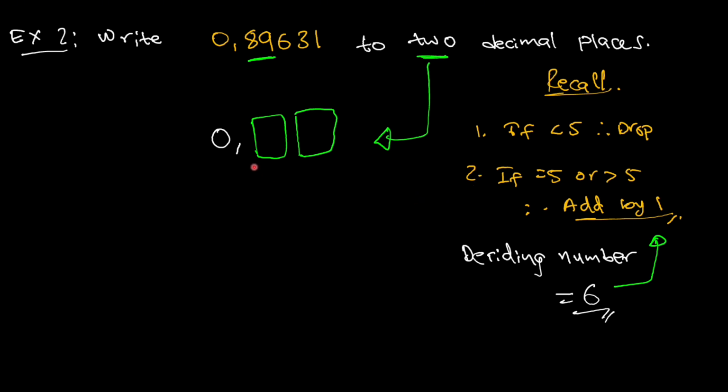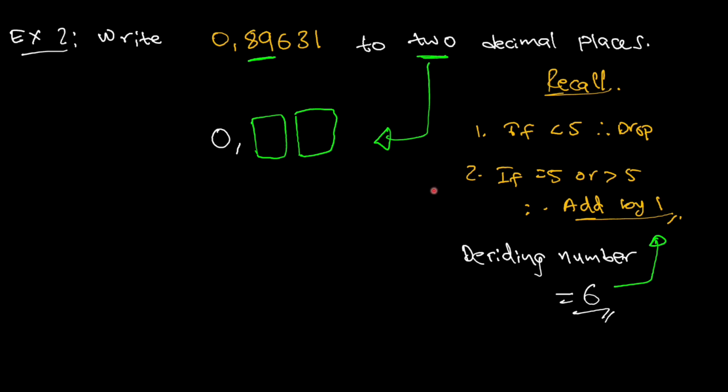Let's continue. Is my deciding number less than 5? No. Then I move to the next condition. Is my deciding number equal to 5? No. Is it greater than 5? Yes. So what do we do? You add. What do you add? You add 1 to the underlined numbers.